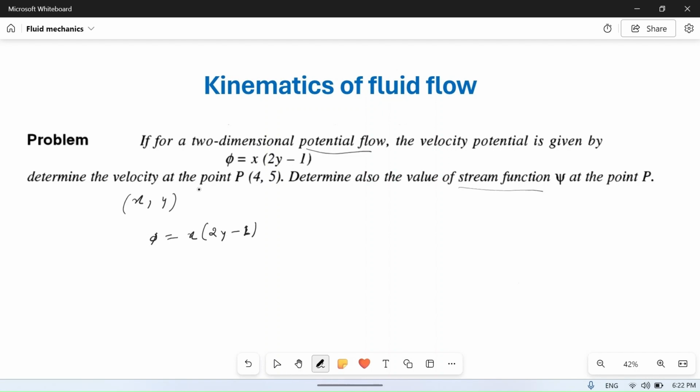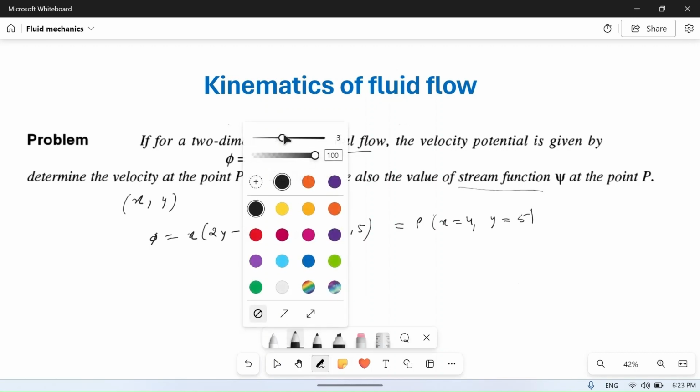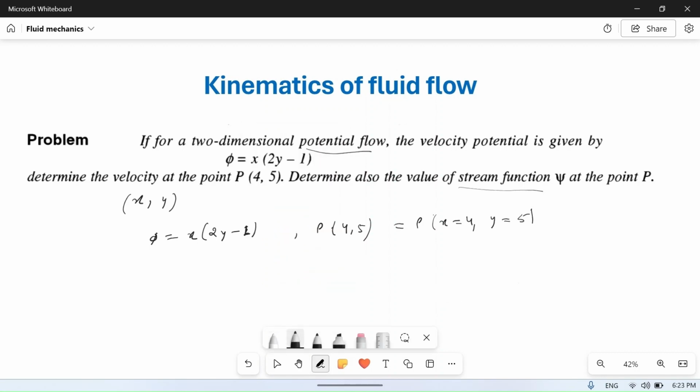Determine the velocity at point P, which is (4, 5), or you can say at point P where x is equal to 4 and y is equal to 5.